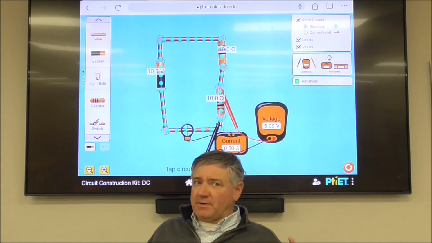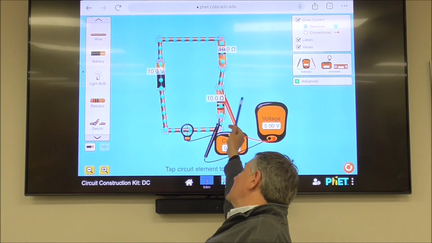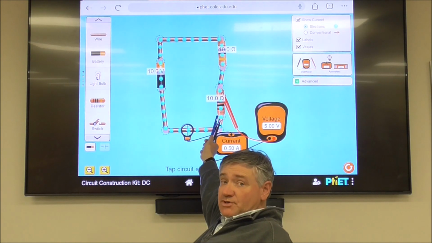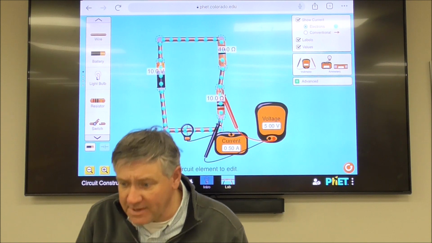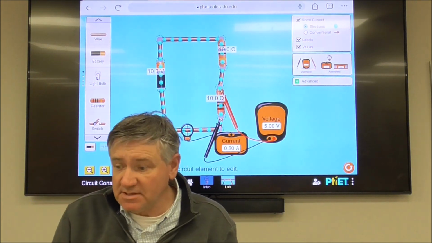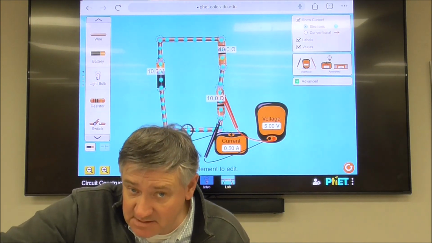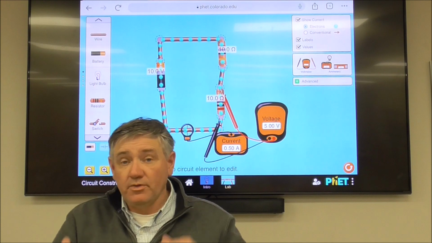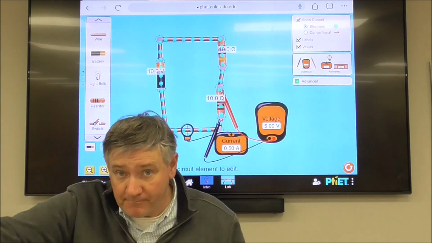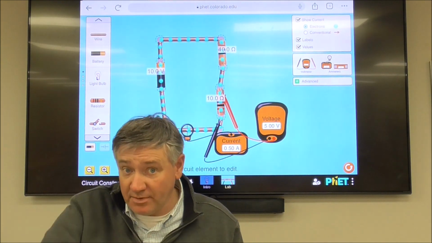I don't want to drop all my Skittles on the first one. I need to save some, right? So he's going to have a 5-volt drop here and a 5-volt drop up there. Okay, so in series, look what happens to the current. The current goes down. So if Jackson's mom cooks in series, the resistance is going to go up because Jackson and Brooklyn are fighting for the food, okay?